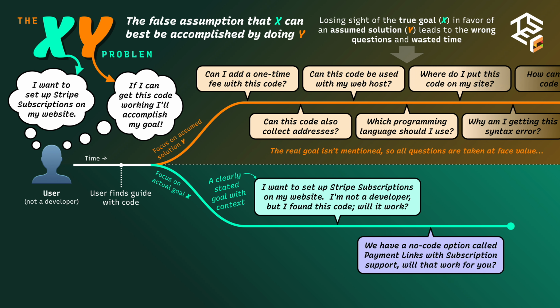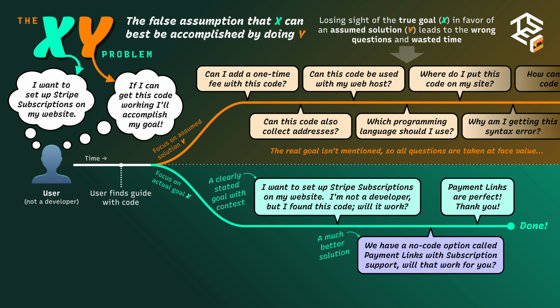We suggest payment links instead, a no-code option that supports subscriptions, and ask them if that will work for their use case. This is a much better solution for this specific user, and in this timeline, it's appropriate for us to suggest payment links because the user has revealed their true goal. After the user does a little research, they confirm payment links are a perfect solution for their needs, and their questions and confusion come to an end.